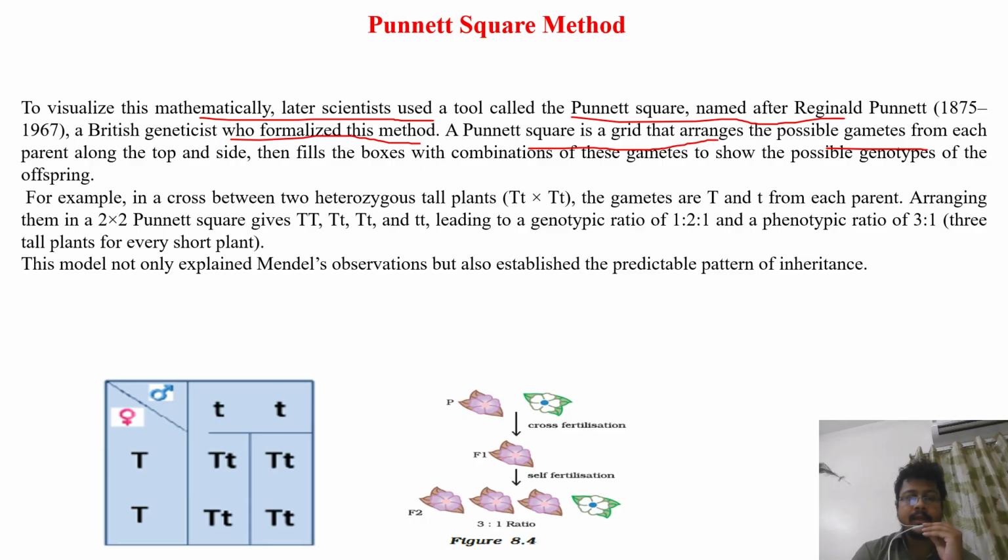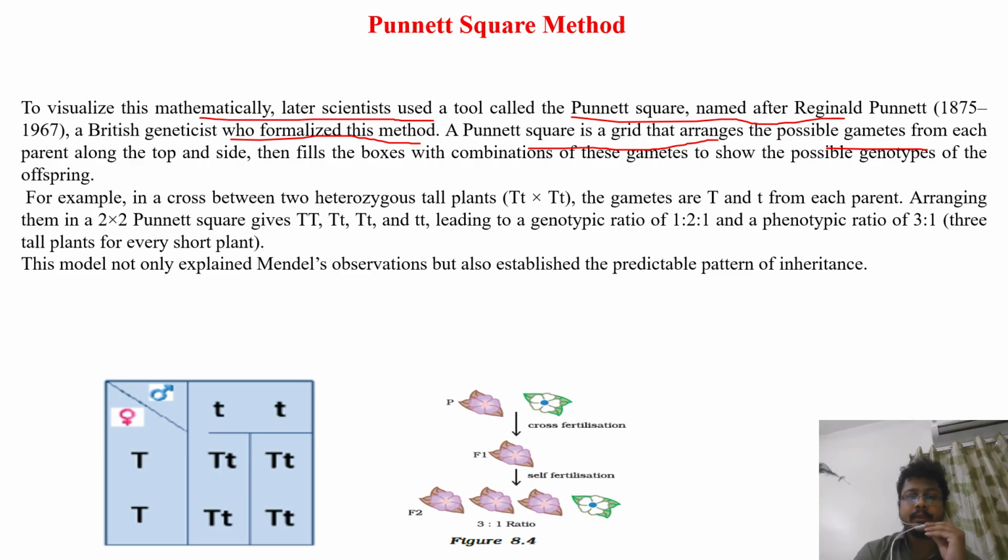Suppose this is a female gamete. The possible female gametes are there, and the possible male gametes are there. And when they fuse, here the female is homozygous and the male is also homozygous. When they fuse, they produce heterozygous offspring, as you can see here.